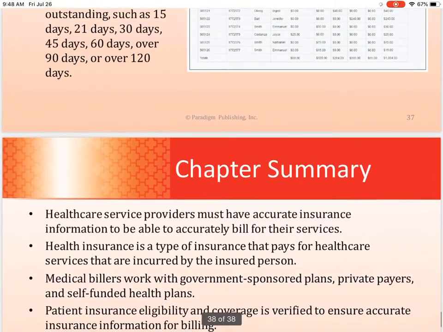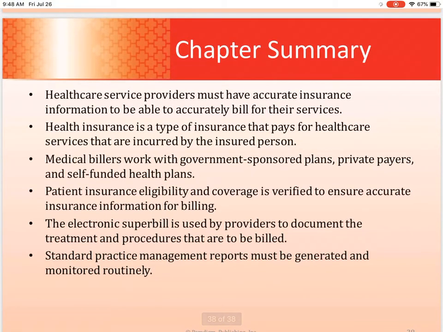All right, so that brings us to the end of the chapter and the chapter summary. So healthcare service providers must have accurate insurance information to be able to accurately bill for their services. Health insurance is a type of insurance that pays for healthcare services that are incurred by the insured person. The discussion of national health insurance has been ongoing for many decades and includes the creation of Medicare and the Affordable Care Act.